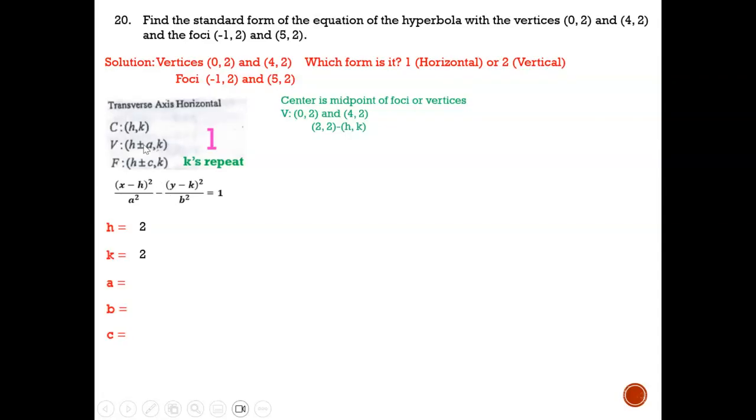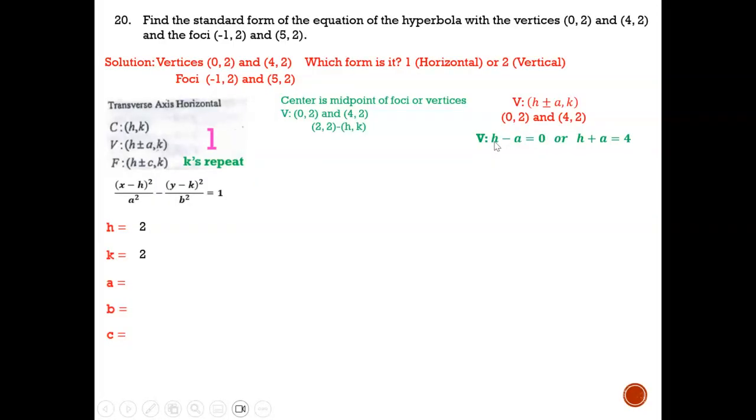So I found my h and my k, 2 and 2. Now, with the vertices, I can also find my a. It's going to be h minus a equals 0, because that's the lowest point. The lowest number is going to be the minus, and the positive number is going to be the plus. You don't have to do both, you can do only one, but I'm showing you both just so you know that we get the same answer.